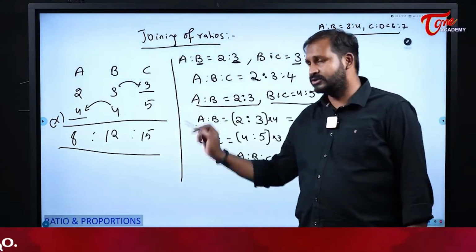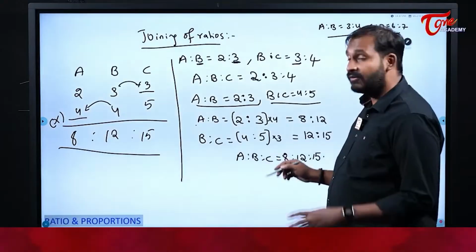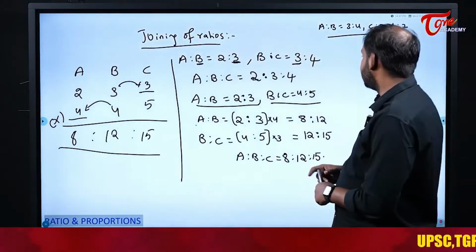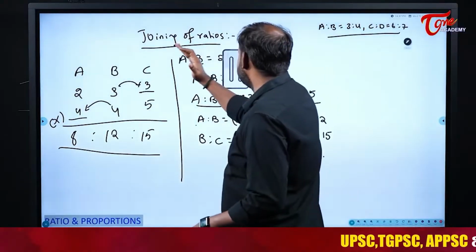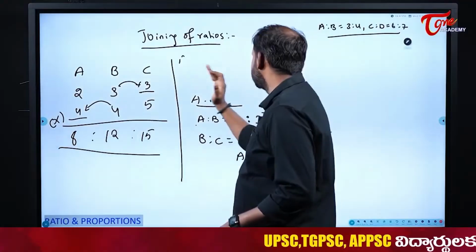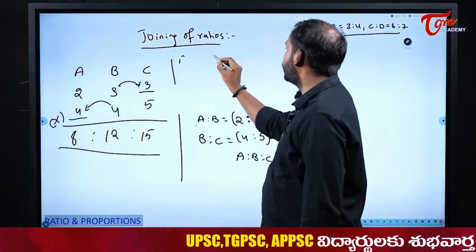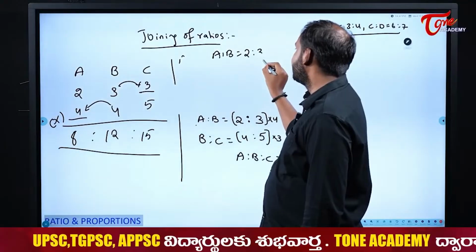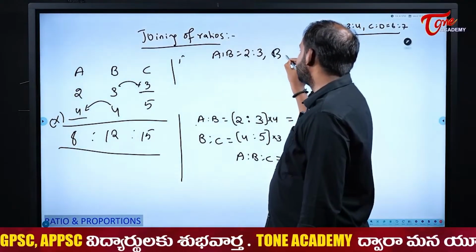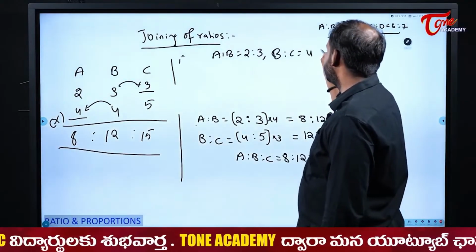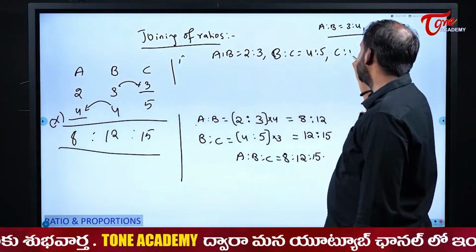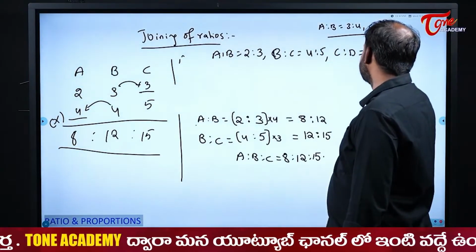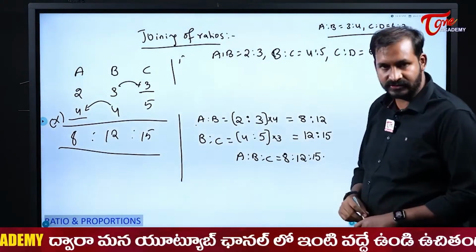Why I have told you the shortcut method is, for example, if I have 4 components, something like this. Let me erase this and I will show it. For example, A is to B as 2 is to 3, B is to C as 4 is to 5, and C is to D as 6 is to 7.